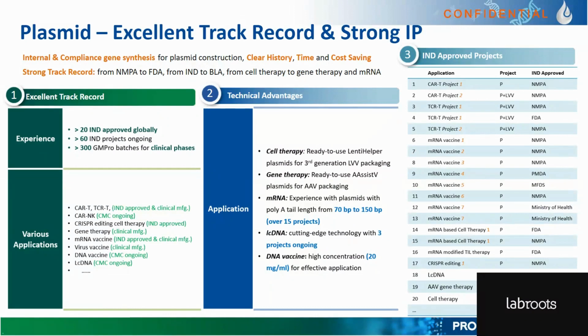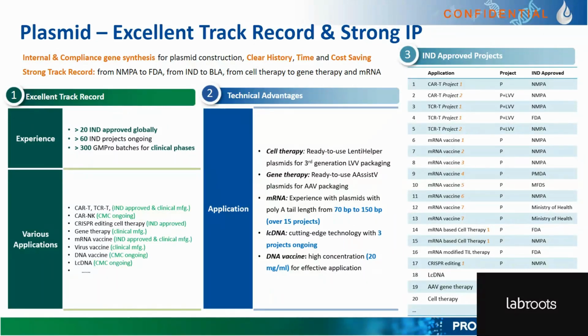So finally, I would like to demonstrate our excellent track record. GenScript ProBio has an impressive track record of over 20 global approved investigational new drug projects and more than 60 ongoing IND projects.